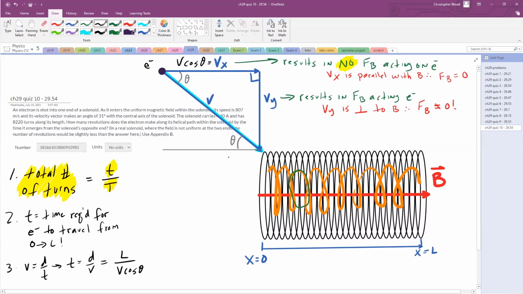So we're done with little t. Do I know L? No. So this is an uh-oh moment. I know everything there except for L. What's L?